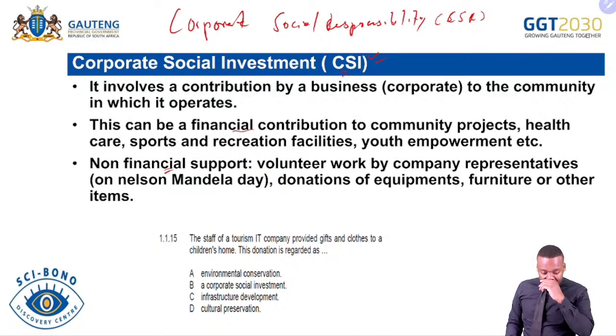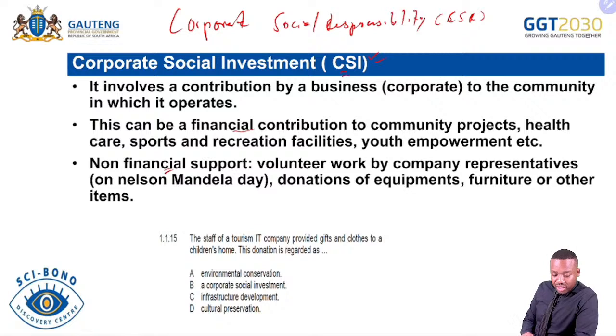It involves a contribution by a tourism business to the community in which it operates, and this contribution to community projects can be, for example, a financial contribution to community outreach programs, healthcare, sports and recreation facilities, or youth empowerment.